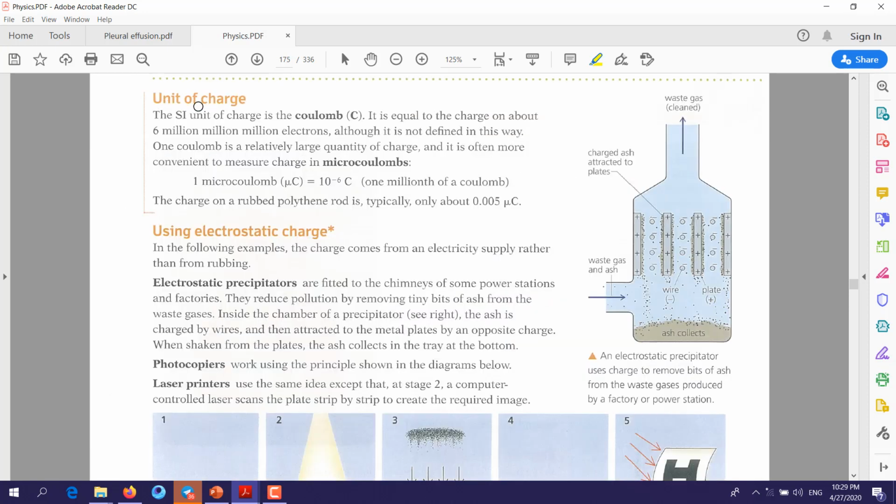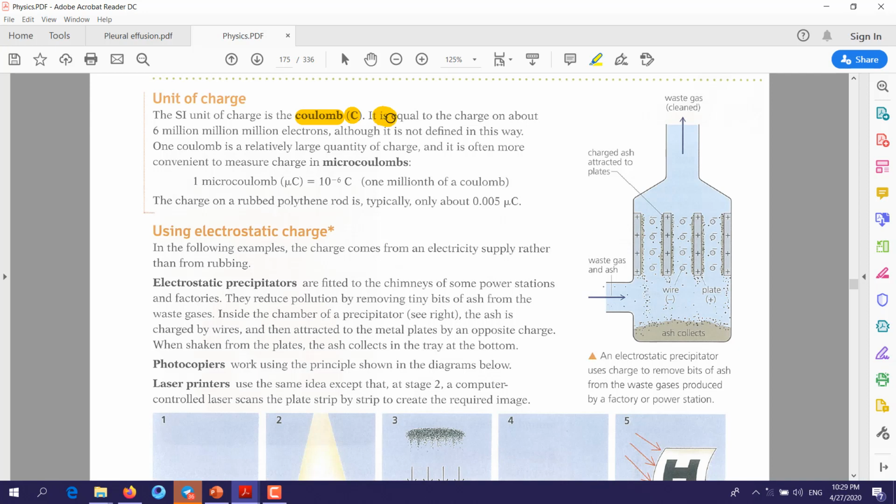Unit of charge. The standard international unit, or the SI unit, of charge is the coulomb, or for short, C. How much is the value of a coulomb?